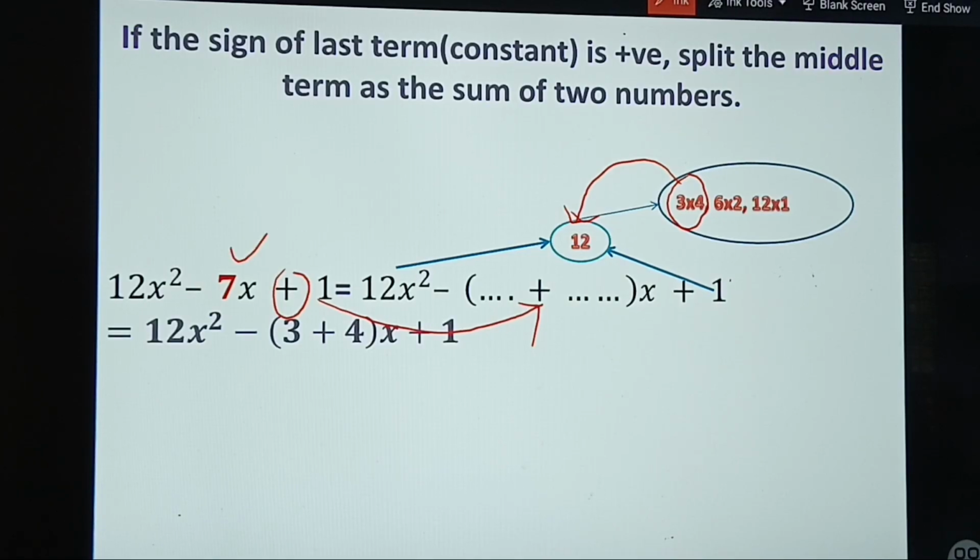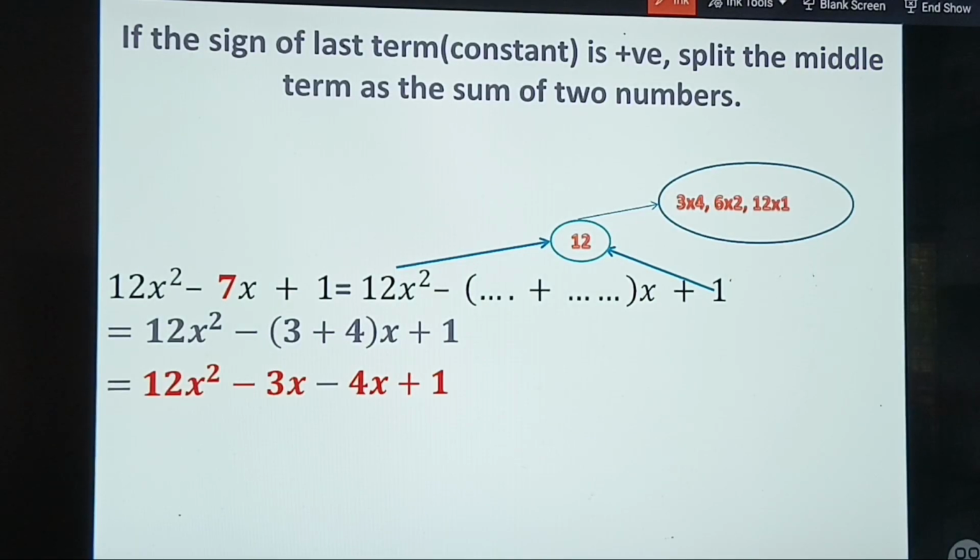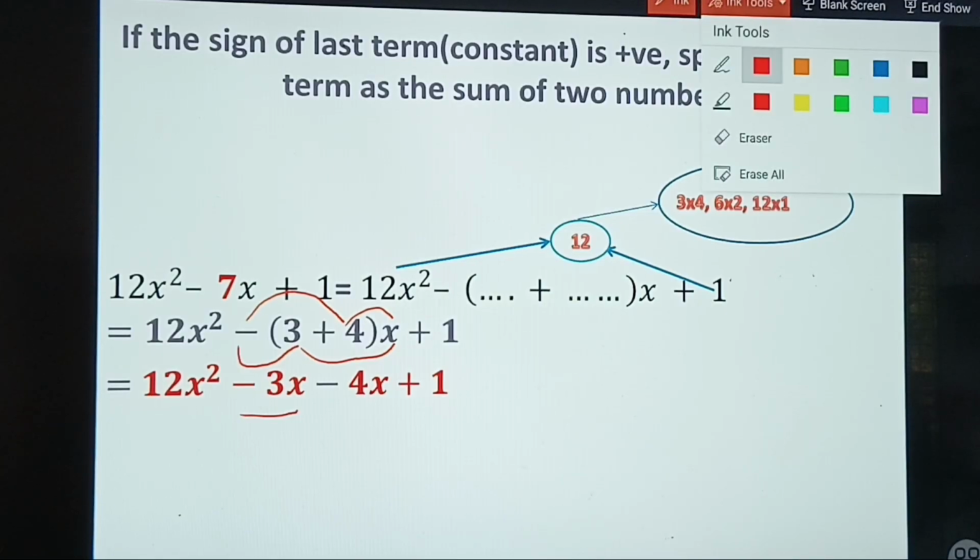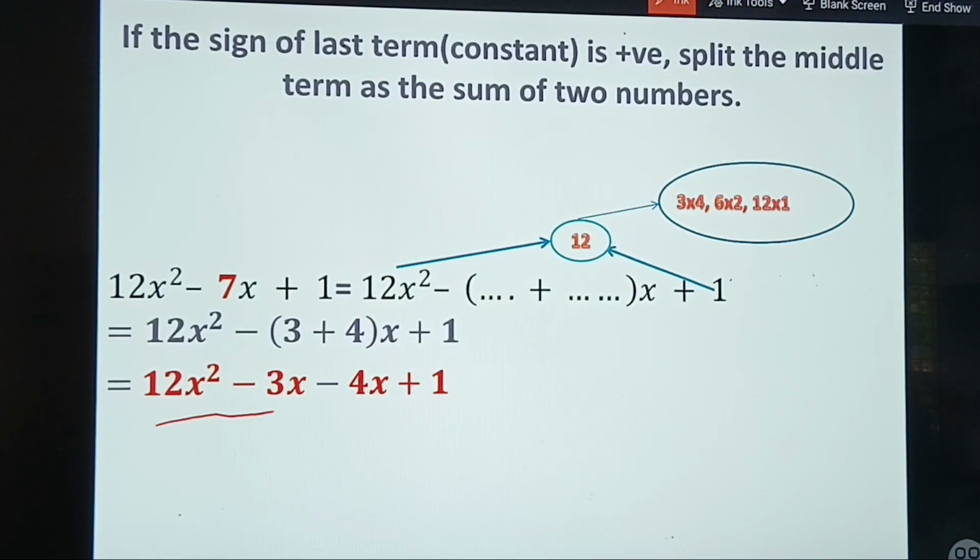That means 7 is split as the sum of two numbers. Now open this bracket: minus into 3 is minus 3x, minus into plus 4 is minus 4x. We treat the first two terms together and the last two terms together.